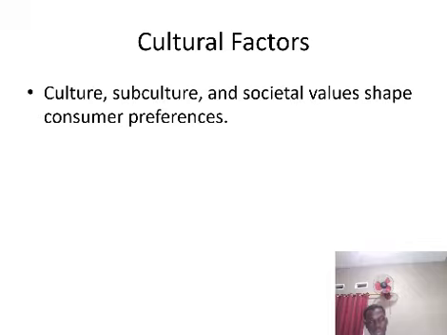These factors shape what customers buy and how they decide.